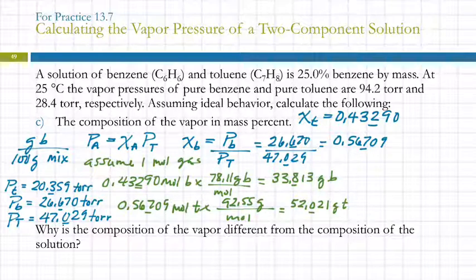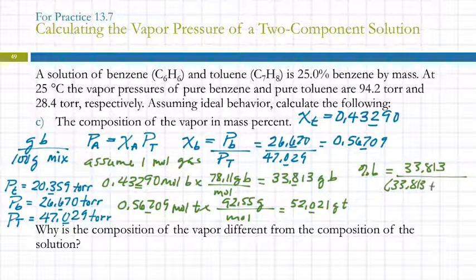So percent of benzene will equal the mass of the benzene divided by the total mass times 100.